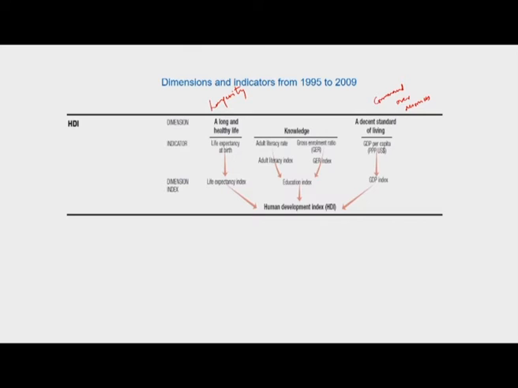However, to increase the robustness of the HDI as to how representative it can be based upon the real availability of data across countries, some of the indicators have undergone a change, and the next change came about in 1995. So, the indicator that was added in 1995 was gross enrollment ratio in place of mean years of schooling.